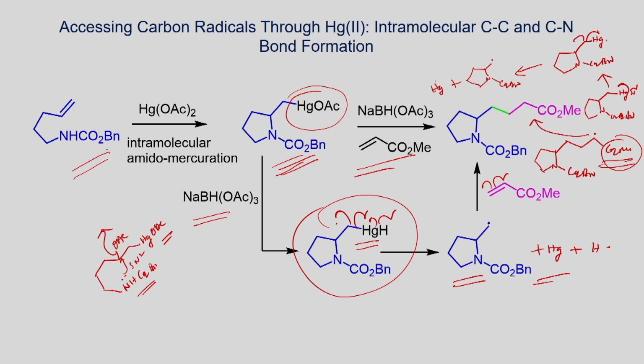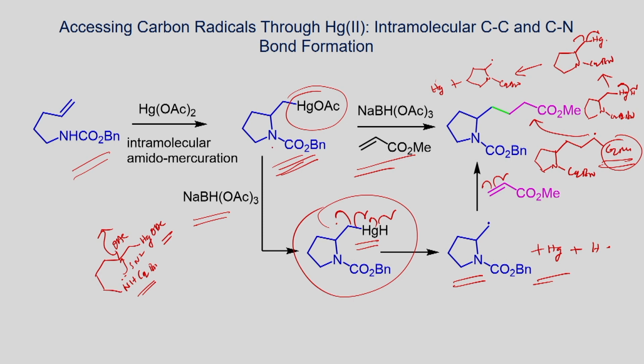So in this way, if we have, for example, an alkene which has this amino substituent, it can be readily reacted with mercury acetate to give this tetrahydropyrrolidine derivative.